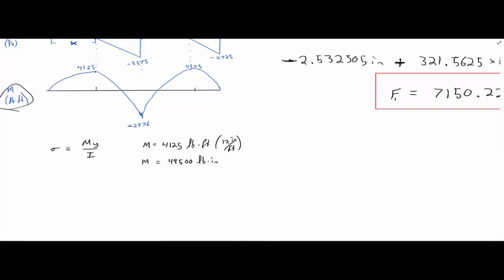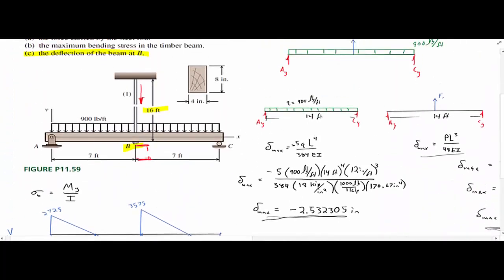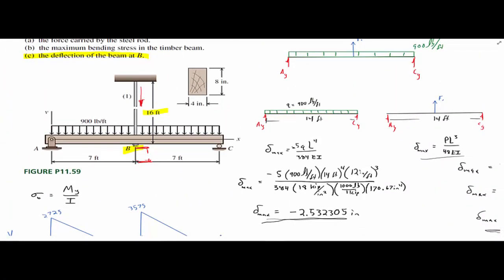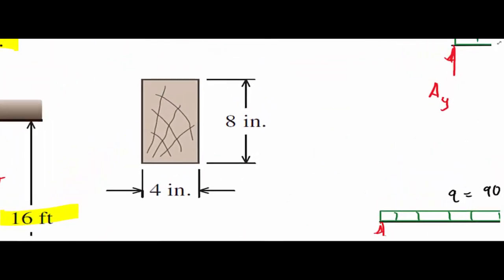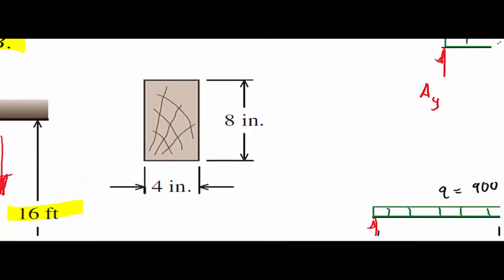Okay, since we have a rectangular beam, I'm going to zoom in on this. If we say this is the neutral axis, which is 4 inches from the edge to get to the centroid, it's just taking 8 divided by 2.